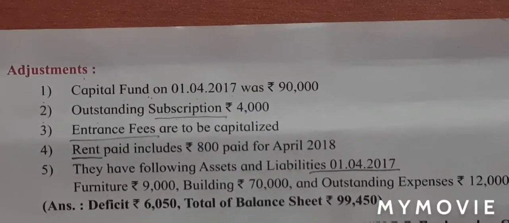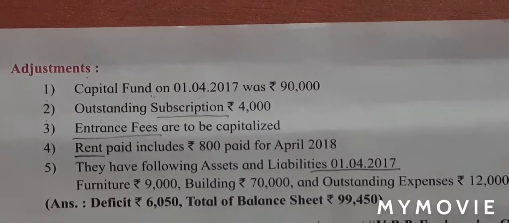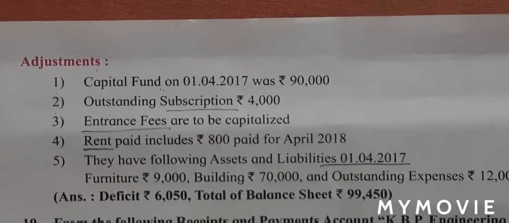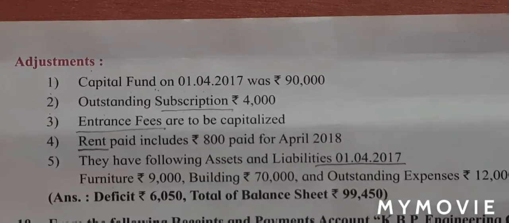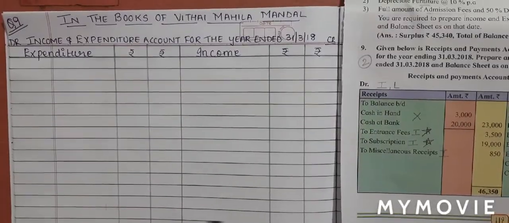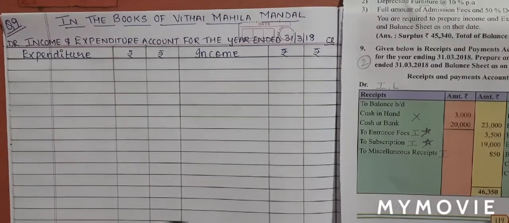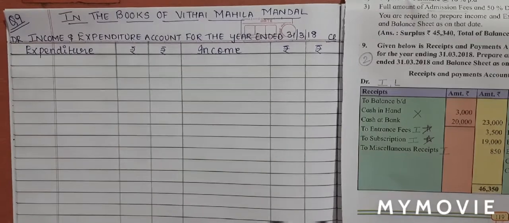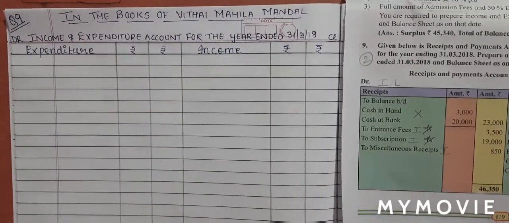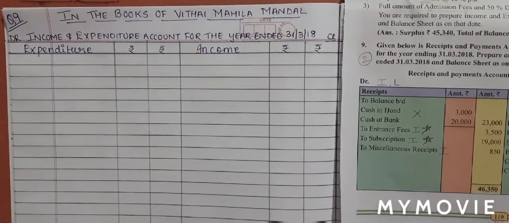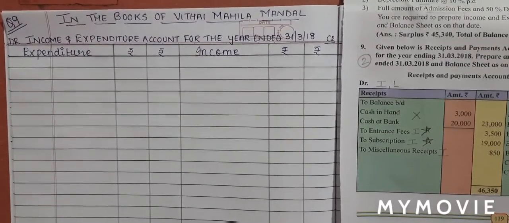With this, students, we have completed our step number 2, reading of adjustments and marking star in our receipts and payments. We are now ready to begin with step number 3, entering it into our accounts. Remember, students, the ones which are marked star will be written in the inner column and the ones with no star will be written in the outer column.